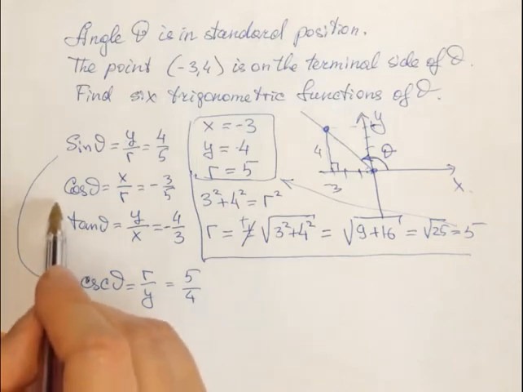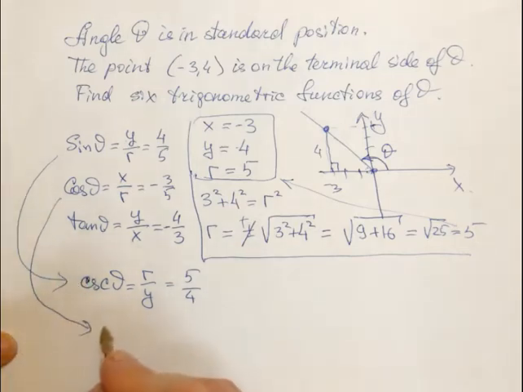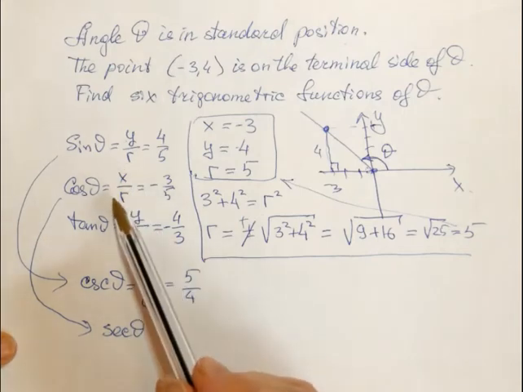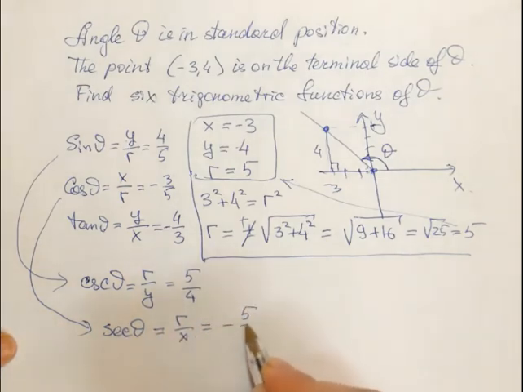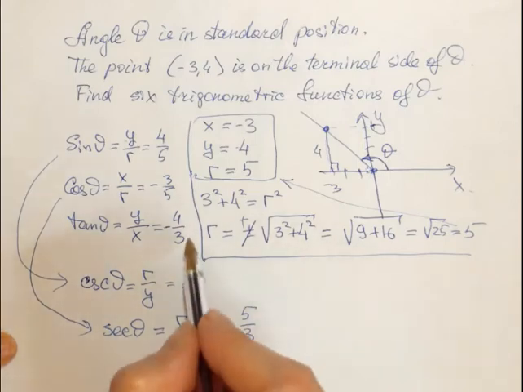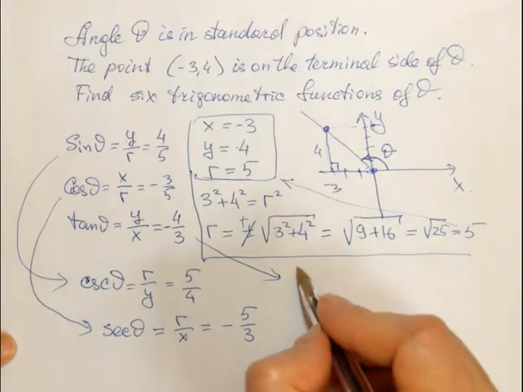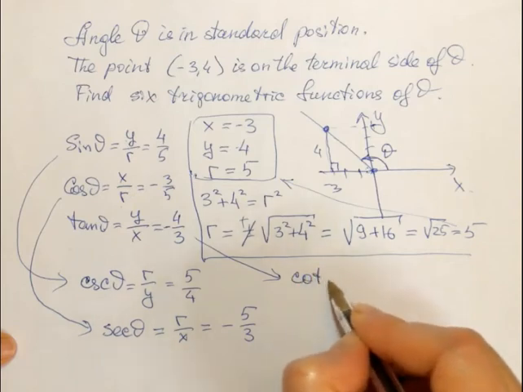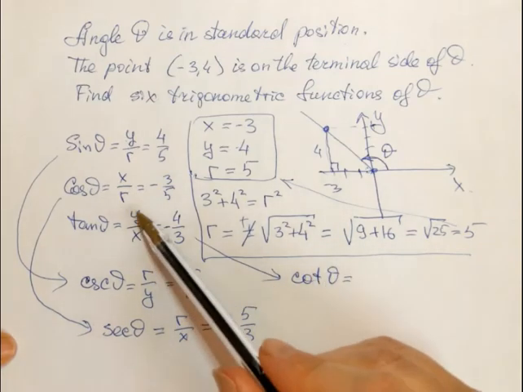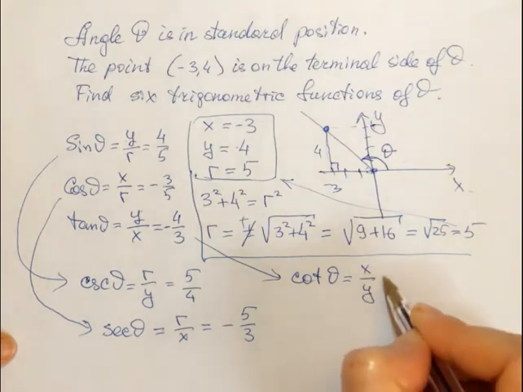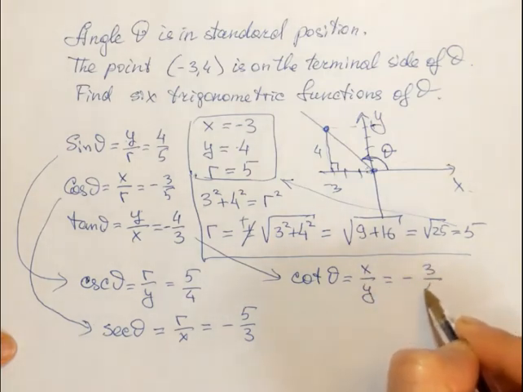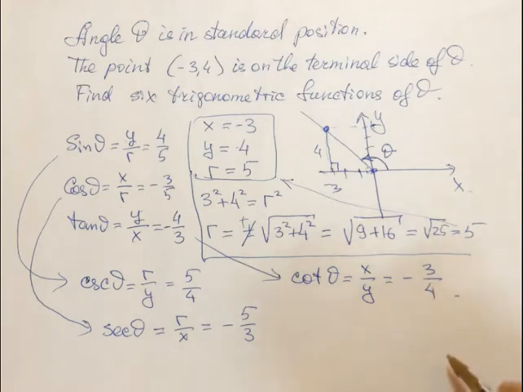The reciprocal of cosine is secant of theta. When cosine is x over r, then secant is r over x, or -5 over 3. And the reciprocal of tangent is cotangent of theta. When tangent is y over x, then cotangent is x over y, or -3 over 4.